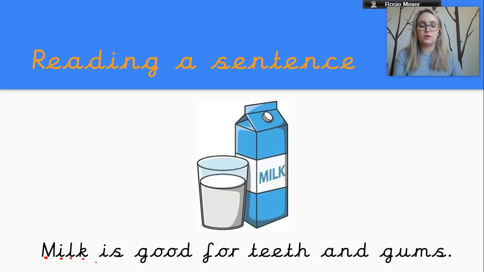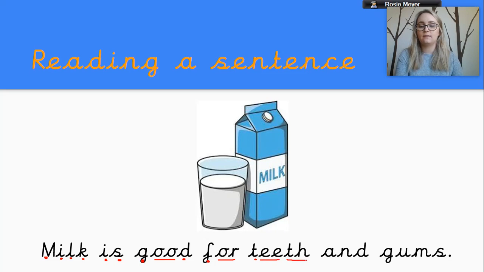Okay, so this one has got 4 sound buttons because it's a CVCC word. Our next word has 2 sound buttons. Then we're looking at our next word. We're going to have g, r, e, e, d. So that's got a sausage because it's a digraph. And that's another digraph there.